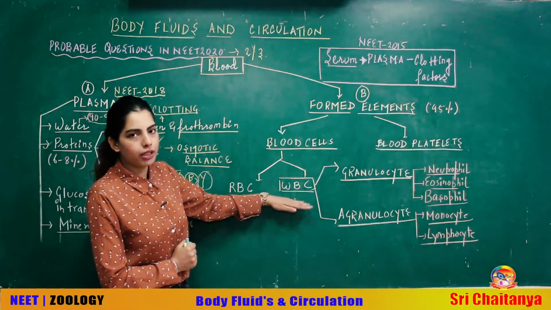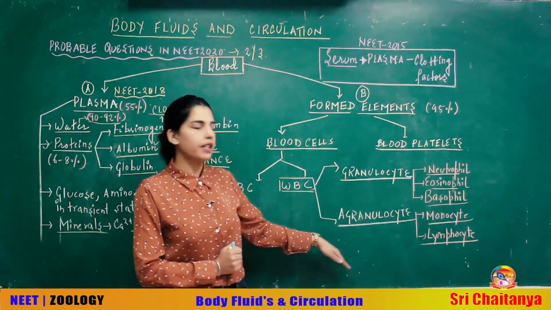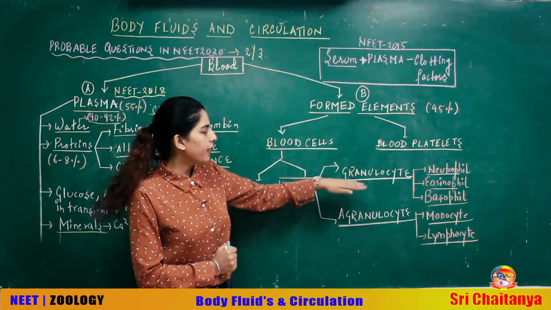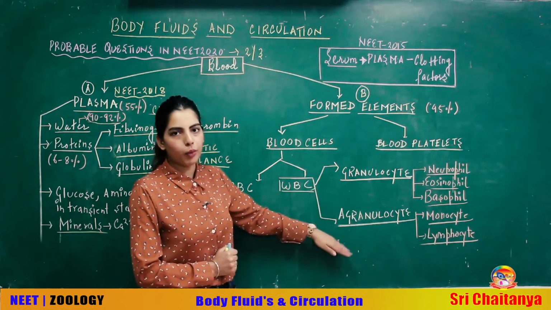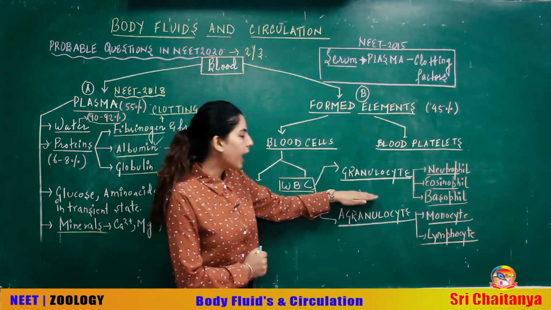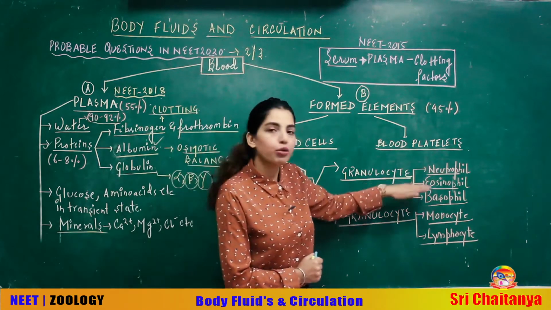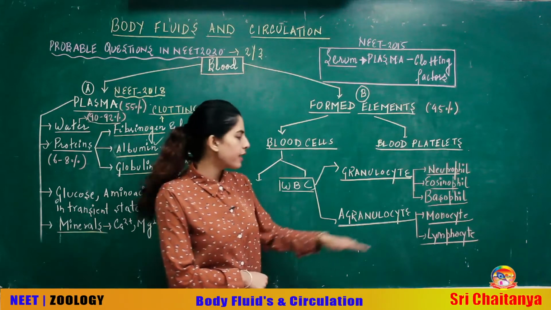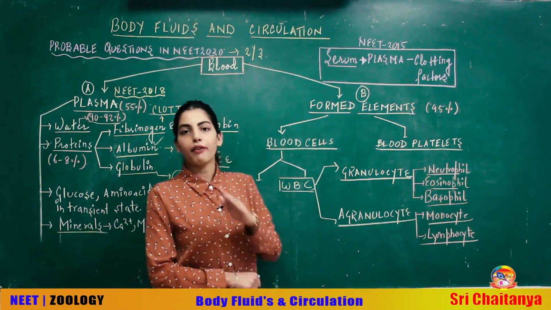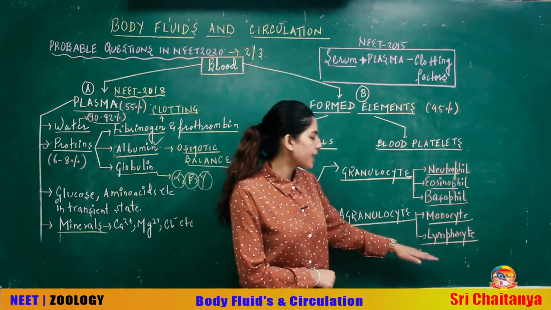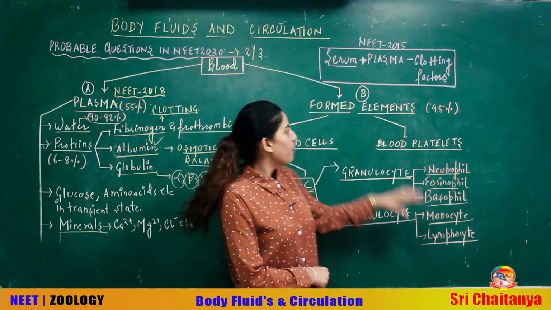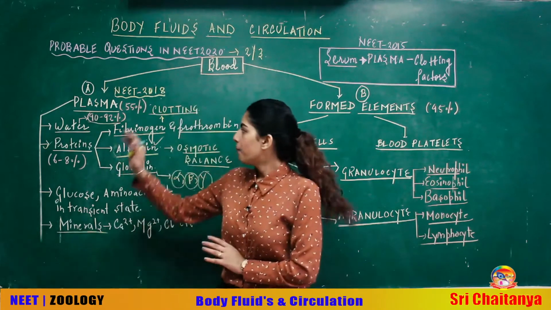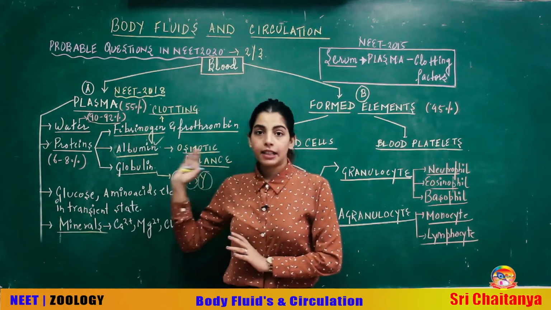The white blood cells, students, get further divided into granulocytes and agranulocytes: the one with granules and the one with no granules. The granulocytes are further divided into three types: neutrophils, eosinophils and basophils, whereas agranulocytes are further divided into monocytes and lymphocytes. So formed elements are 45%, this is the division, and plasma is 55%, and this is the division.